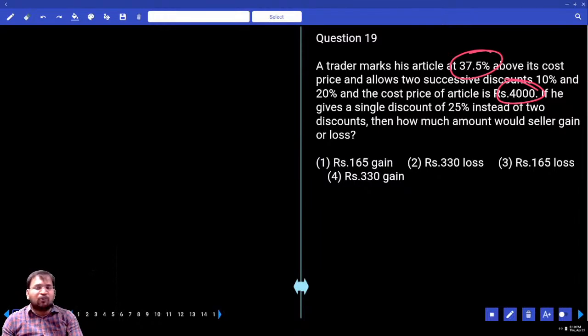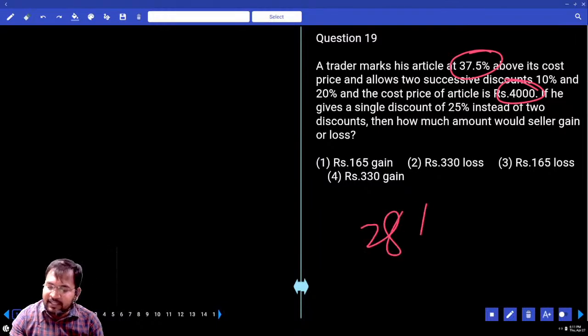You are giving 10 and 20, two successive discounts. Now 10 and 20, two successive discounts, will be equivalent to a single discount of 28%. Take 100: a 10% discount is 10, remaining is 90. 20% of 90 is 18. 18 plus the previous 10, total 28. Don't do that type of calculation; directly 10 to 8.